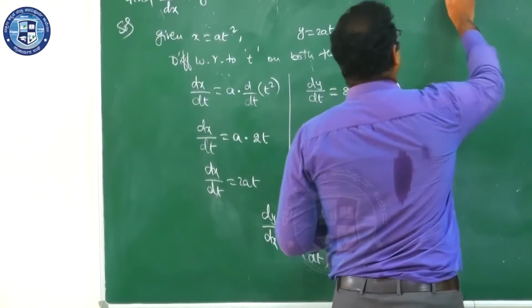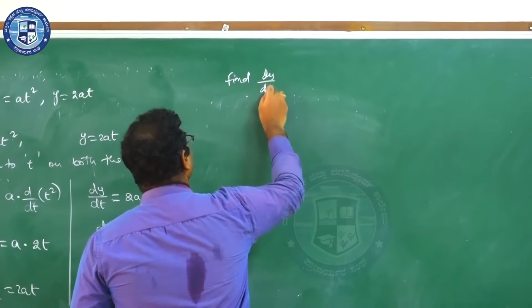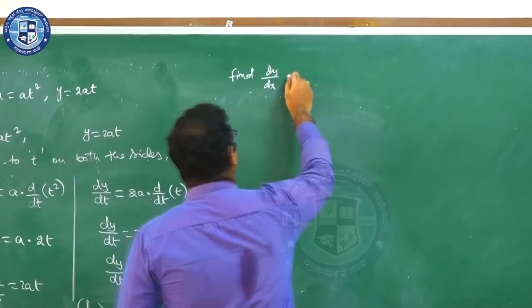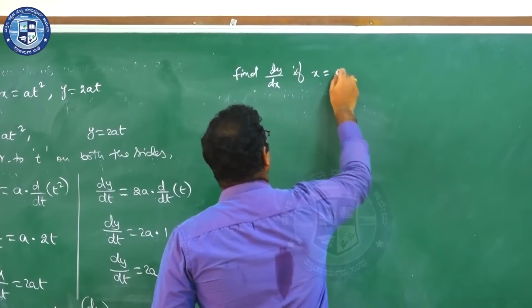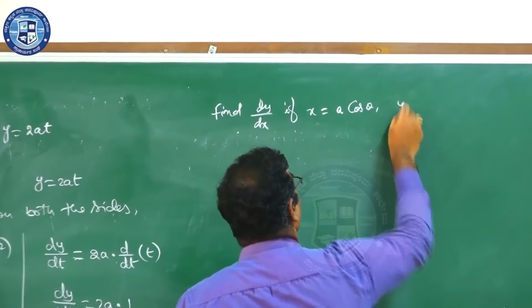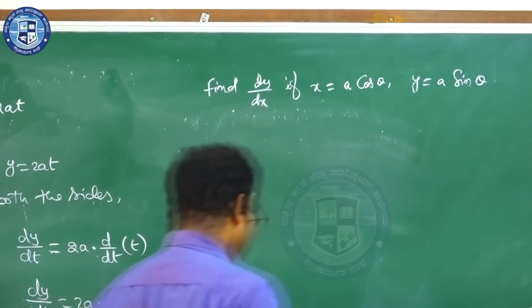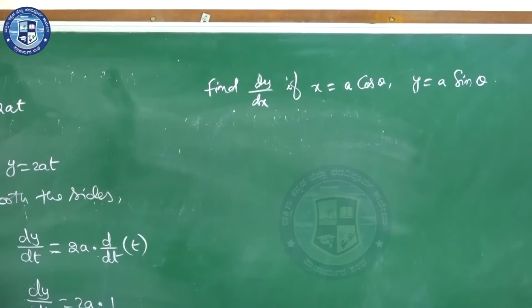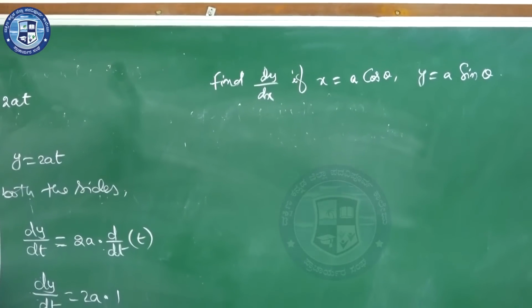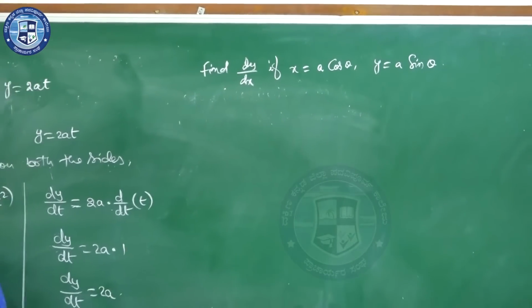Find dy by dx if x is equal to a cos theta, y is equal to a sin theta. You can see that the relation between x and y they have given in terms of theta now.